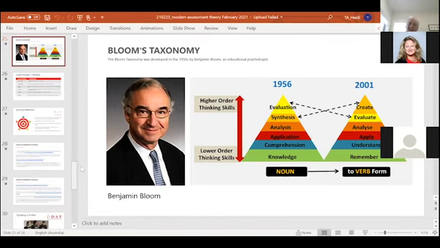Just asking students to recall knowledge all the time is not going to help them grow. What we want to do is ask them to recall knowledge, then apply that knowledge to develop new knowledge, which is creation, to evaluate something, to analyze a problem, put up some hypotheses, etc.